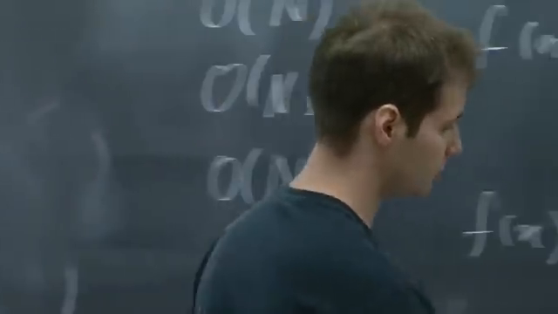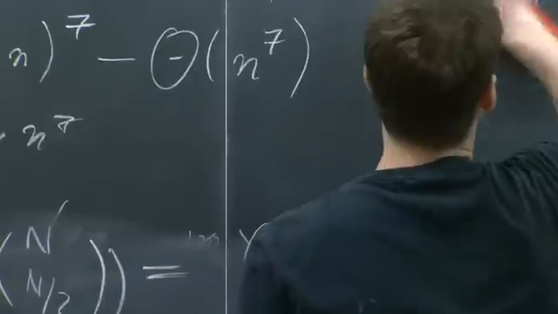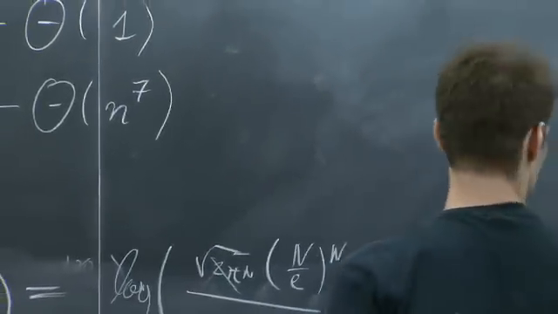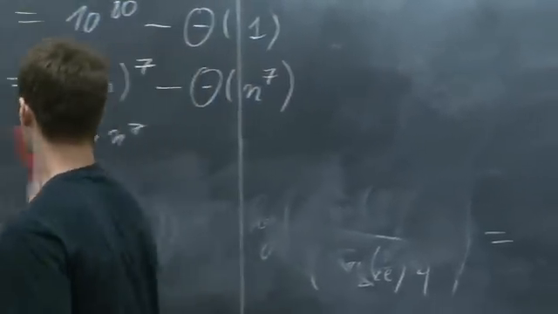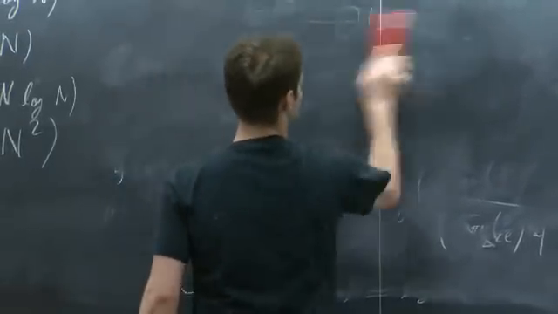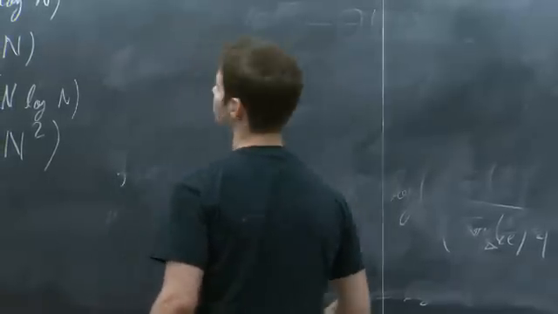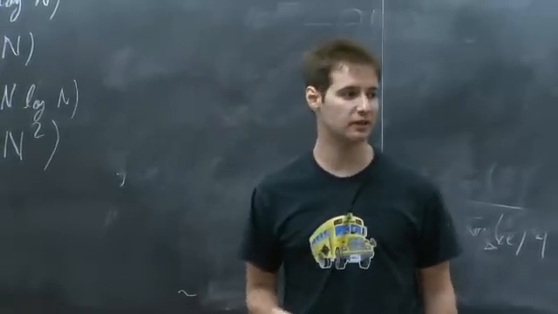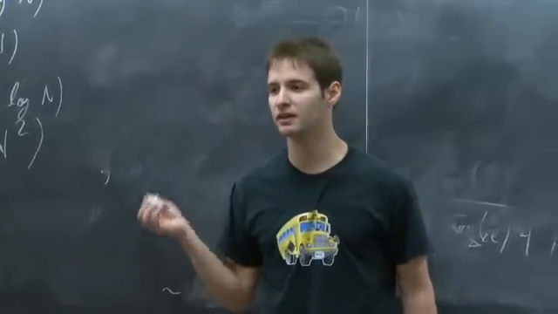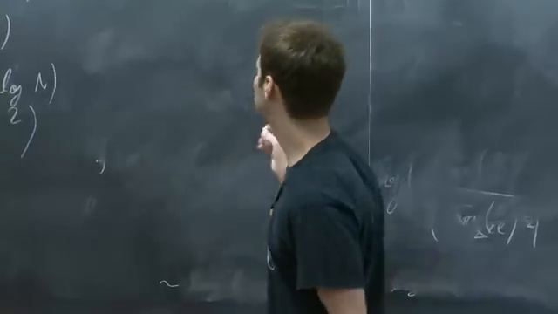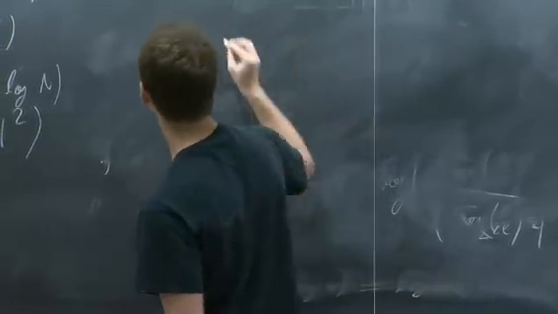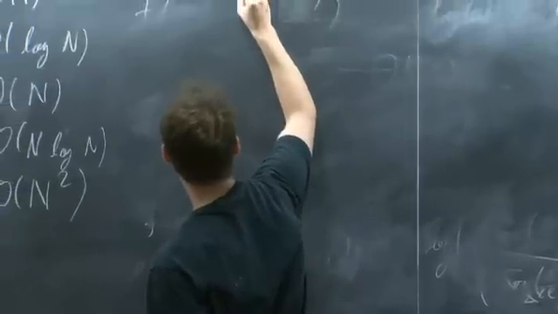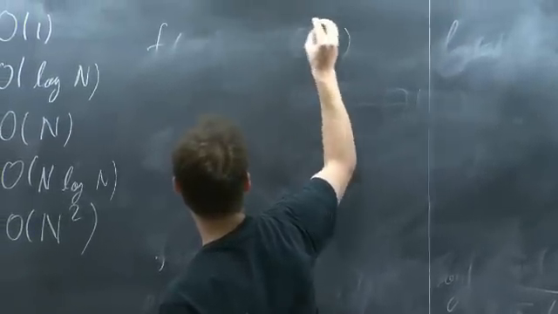Let's do 2D peak finding. Let's talk about it a little bit. So 2D peak finding is exactly like 1D peak finding, except you have a 2D matrix instead of a 1D array.